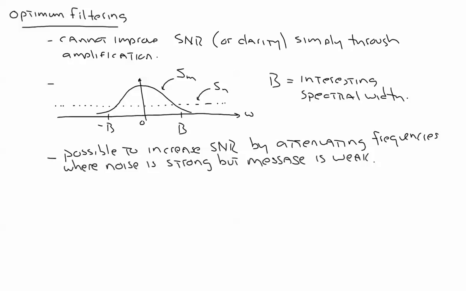It's possible to increase the signal-to-noise ratio by designing a filter that will attenuate frequency content where the noise power spectral density is large compared to the power spectral density of my message.